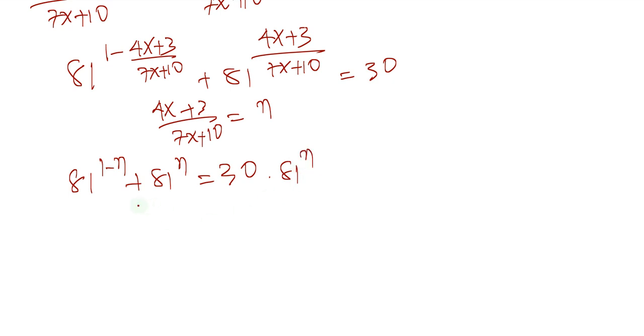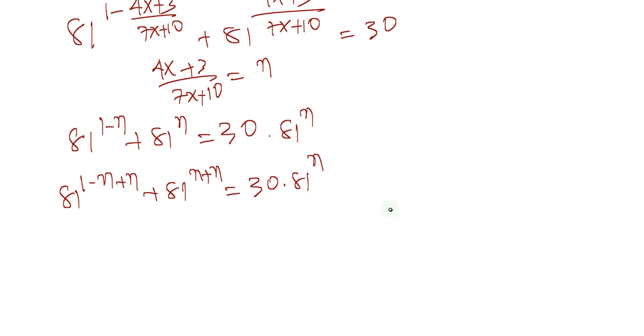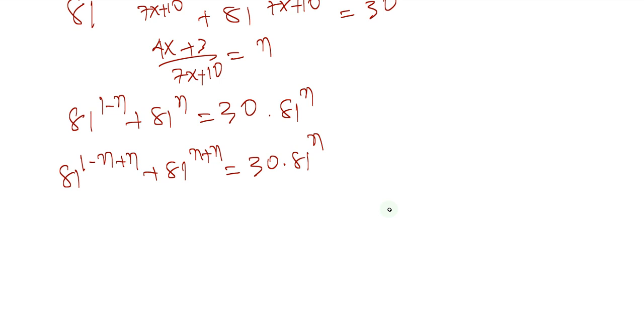So now I'm going to multiply both sides of the equation by 81 to the power of n. So here I'm going to have 81 to the power of n minus n plus n, because the same base, different powers, plus 81 to the n plus n, and then this is equal to 30 times 81 to the n. So since we did this, this one will go with this, we get only 81 here.